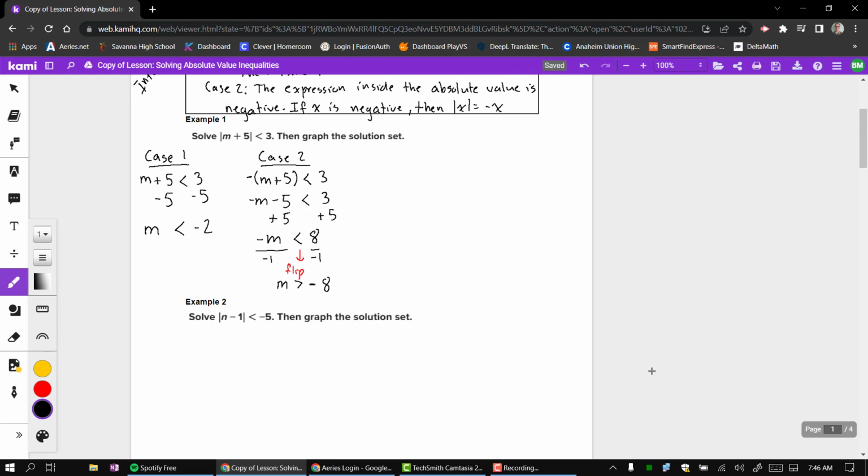So the solution set to this, again, they want a graph, but we can still put the solution set. So the solution set is any value of m such that negative 8 is less than m, which is going to be less than negative 2. And let's graph that and see what we get.